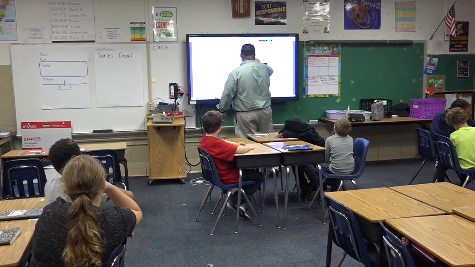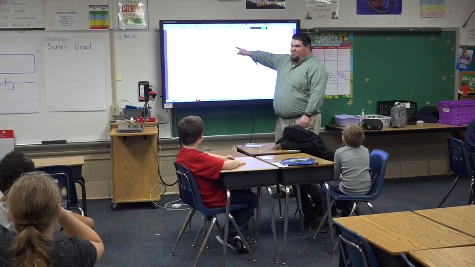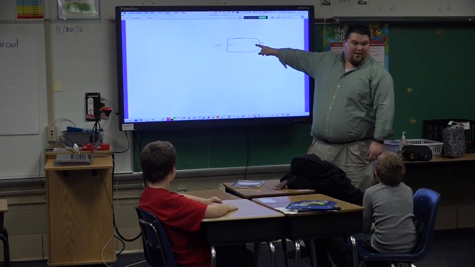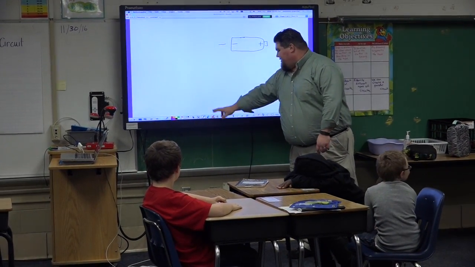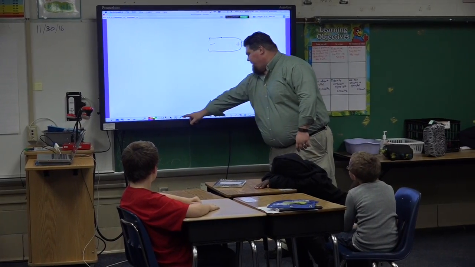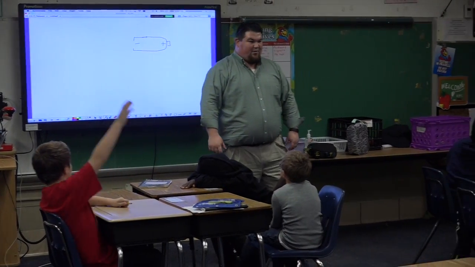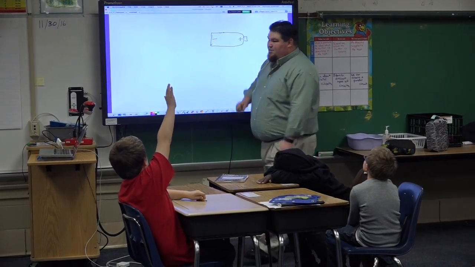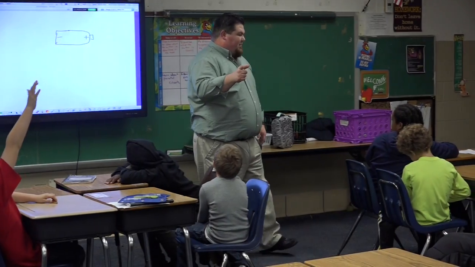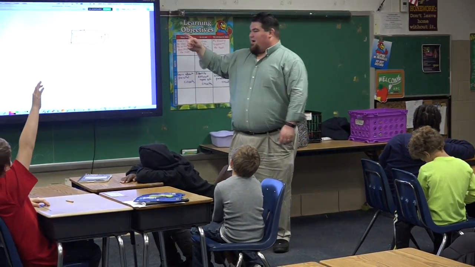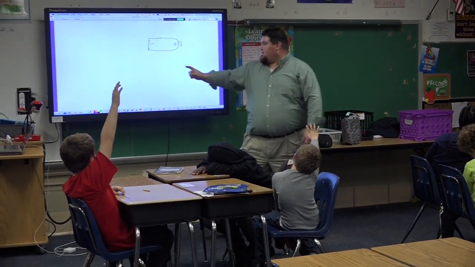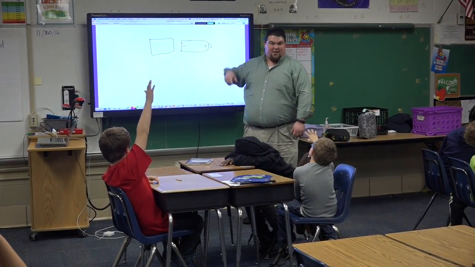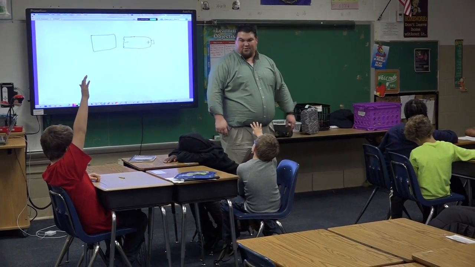So the electricity flows... you have your plus and your minus. The electricity is flowing out of the negative end through your circuit back to the positive end. So if I wanted to put in another dry cell here, how would I have to have it set up? What would have to be here next to the negative terminal on the battery in order for this to work properly? This is a dry cell, but I'm not going to tell you which end the little bump is on, which is the positive, which is the negative.